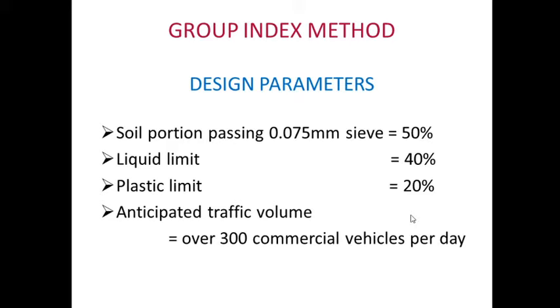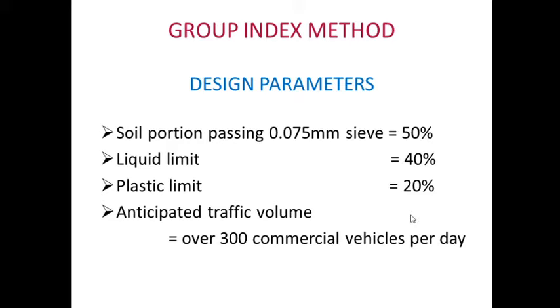If the soil available in the subgrade is good, the liquid limit should be less than 35%, the plastic limit should be less than 15%, and the plasticity index should be less than 10 or 15%. Any idea about plasticity index? Plasticity index is liquid limit minus plastic limit.